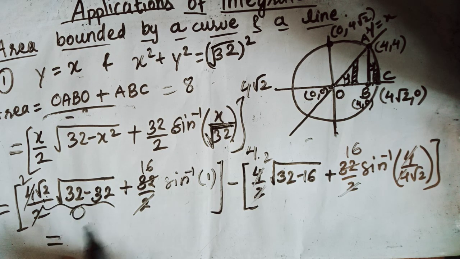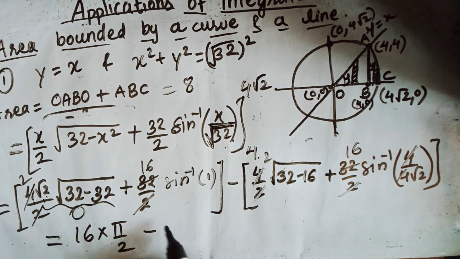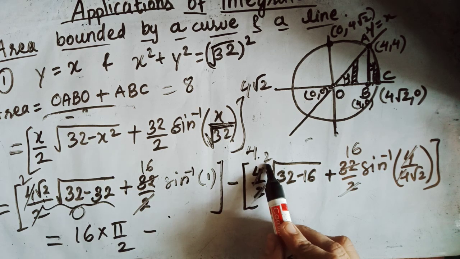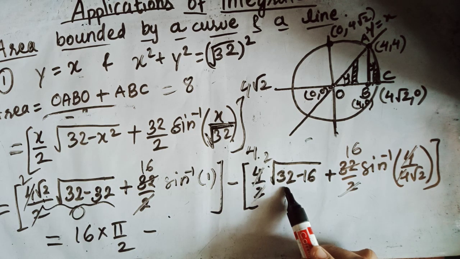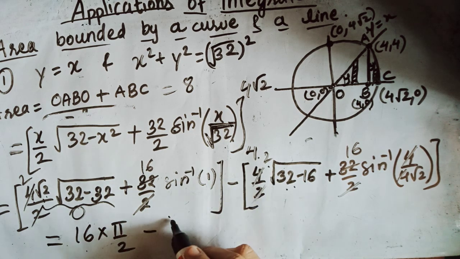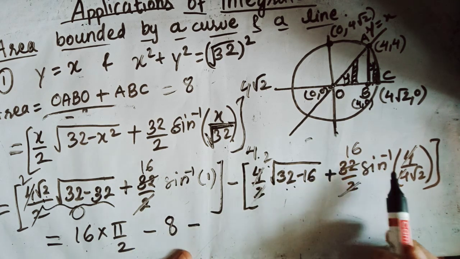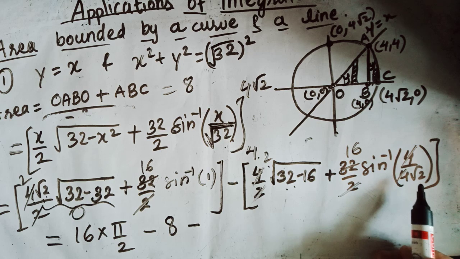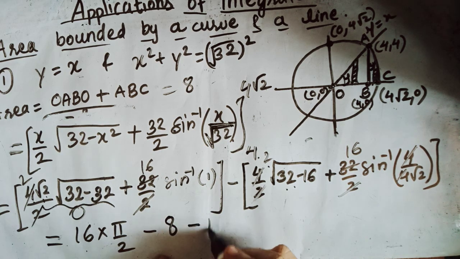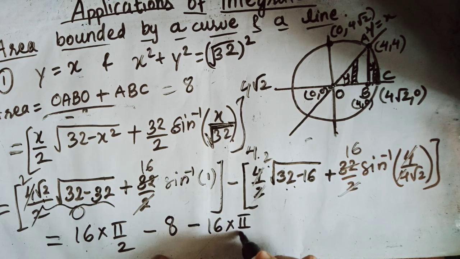Here the only thing that remains is sine inverse of 1, which is pi by 2, minus 16 into sine inverse of 1 upon root 2. Sine inverse of 1 upon root 2 is pi by 4. So 16 into pi by 4.